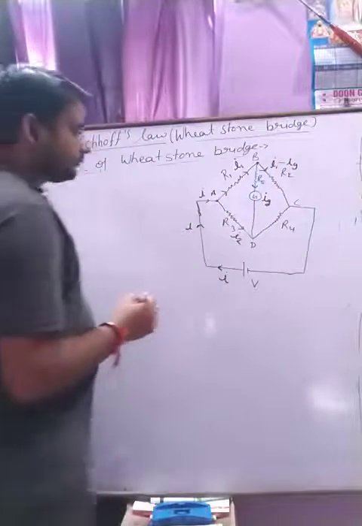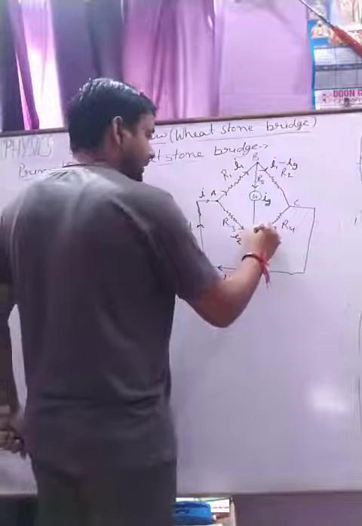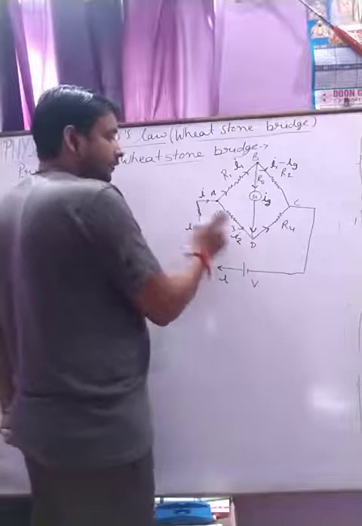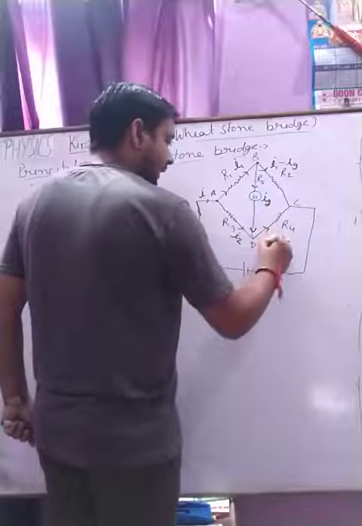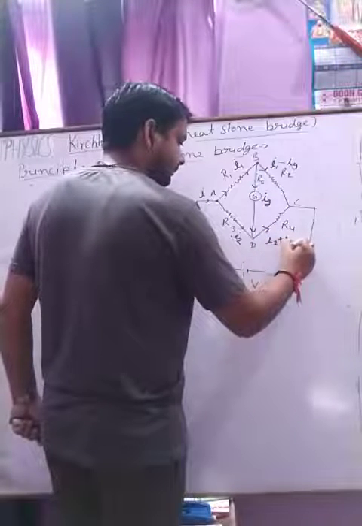Clear? Then when Ig reaches point D and I2 also reaches point D from A, therefore in the branch DC the current is I2 plus Ig.